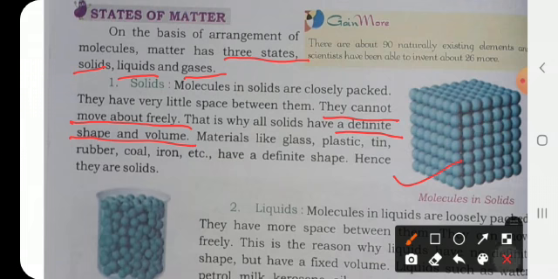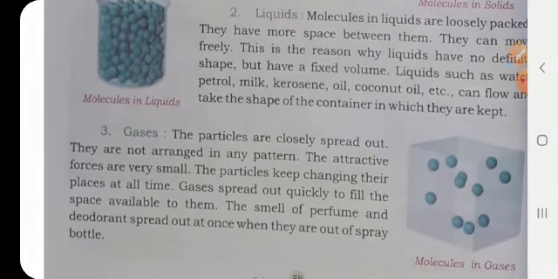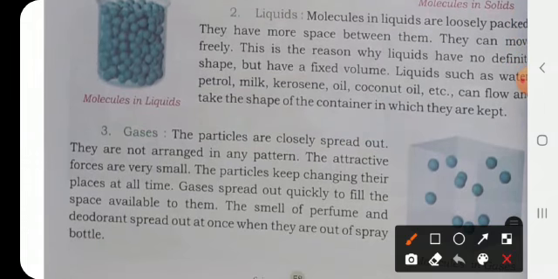Then we come to the next state of matter, that is liquid. Now, how is liquid placed? How are the molecules placed in it? They are comparatively loosely packed, and they take the shape of the container.